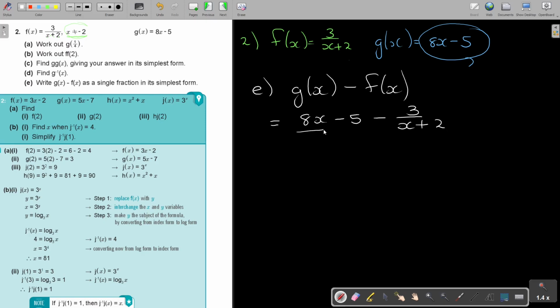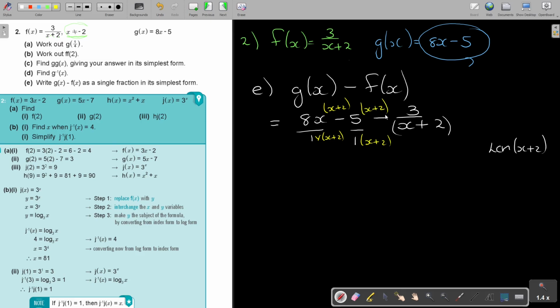So I put it over 1 and I put it over 1. And there is my lowest common multiple. So my lowest common multiple is going to be x plus 2. So I'm going to multiply here with x plus 2, x plus 2, x plus 2.